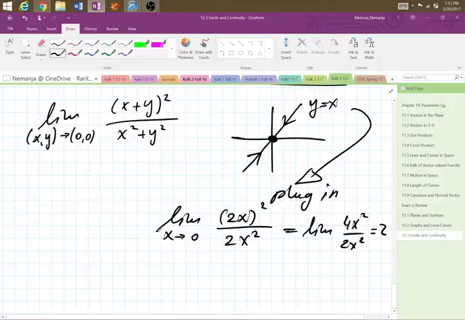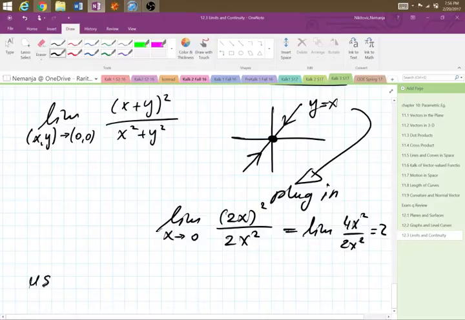But let's try a different approach. You can use any function under the sun that goes through 0, 0. You can use e to the x minus 1. You can use sine x. You can use cosine x minus 1. You can use whatever is going to go through the origin. But let's just use y equals 2x, because that's easy.